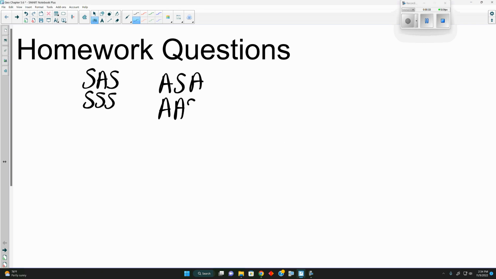Angle, angle, side, or we can say side, angle, angle. Those are going to be the same. They're just flipped. We can also have angle, angle, angle. And we could also have side, side, angle. These are the 6 arrangements that we can have.